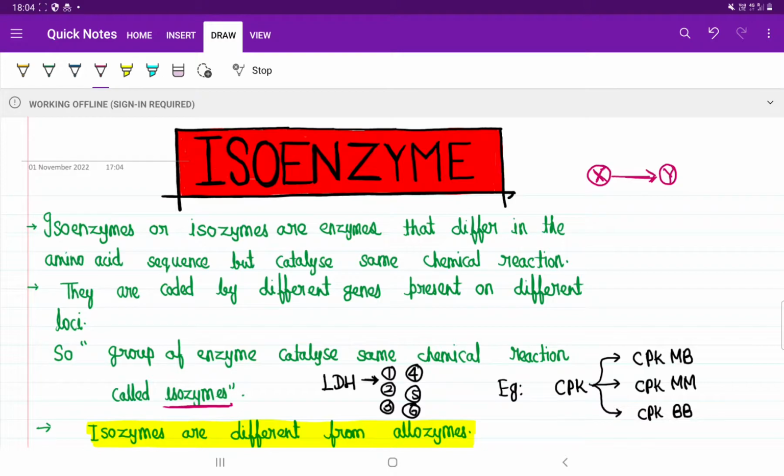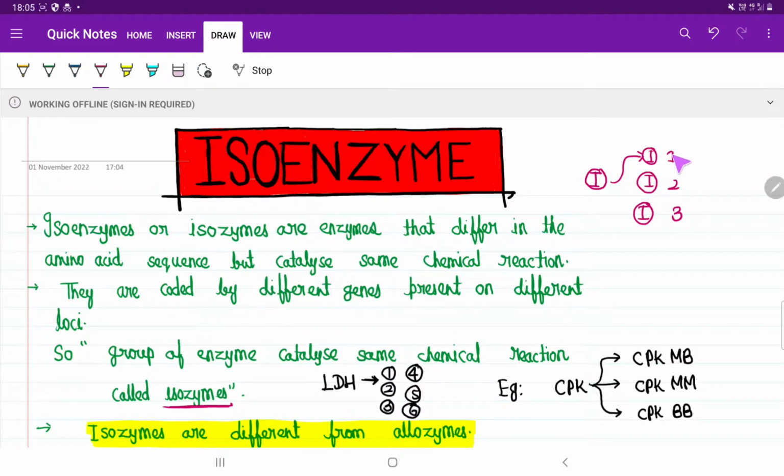Suppose I have an enzyme I and it has three isoenzymes: I1, I2, I3. These I1, I2 and I3 are encoded by different genes present at different locations.